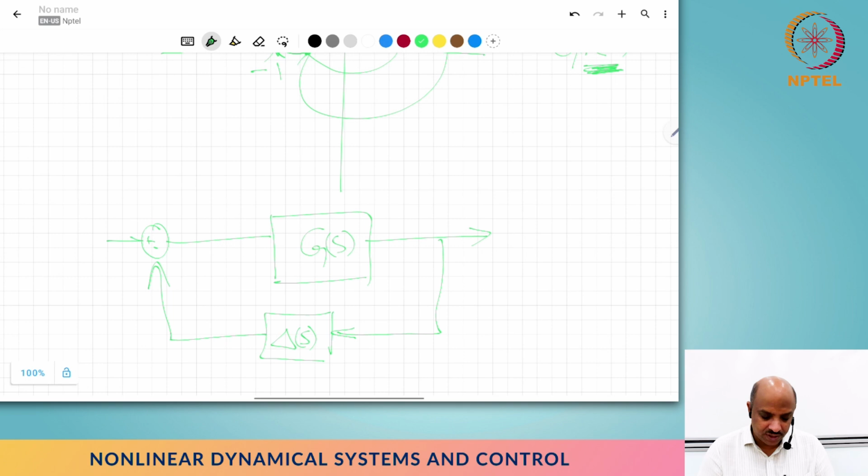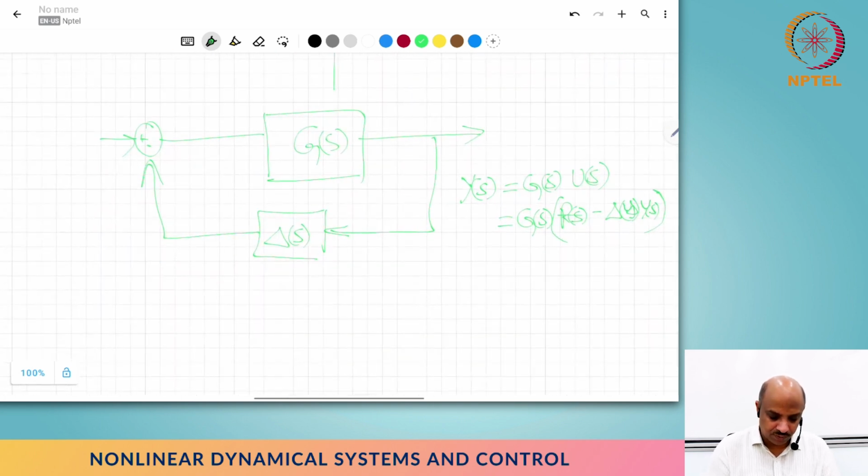So we know that Y(s) is going to be equal to G(s) times U(s), whereas U(s) is this R(s) minus delta(s) Y(s), right. I'm showing these details, you're probably very familiar with some of these things.